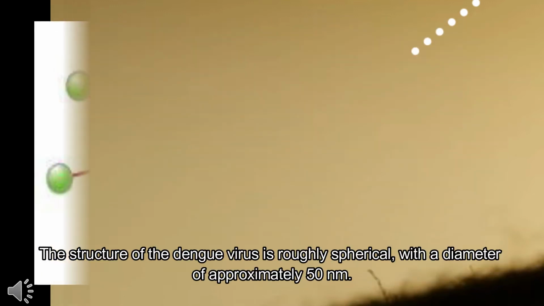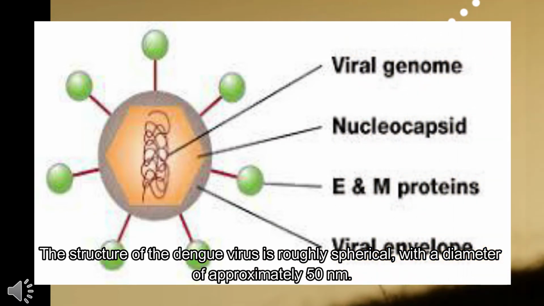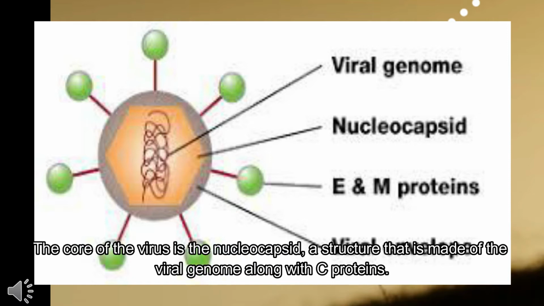The structure of the dengue virus is roughly spherical with a diameter of approximately 50 nanometers. The core of the virus is the nucleocapsid, a structure that is made of the viral genome along with C proteins.